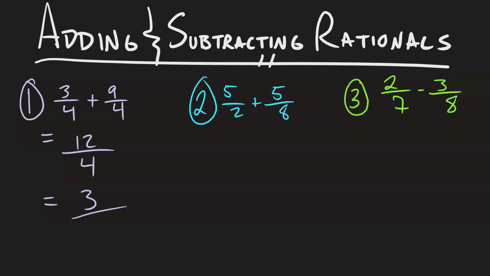So in our second example, we have 5/2 plus 5/8. Now, even though we have common numerators, we still cannot add these fractions until we have created common denominators. In this case, I noticed that 2 and 8 actually have a factor in common already. In fact, 8 is just 4 times 2.